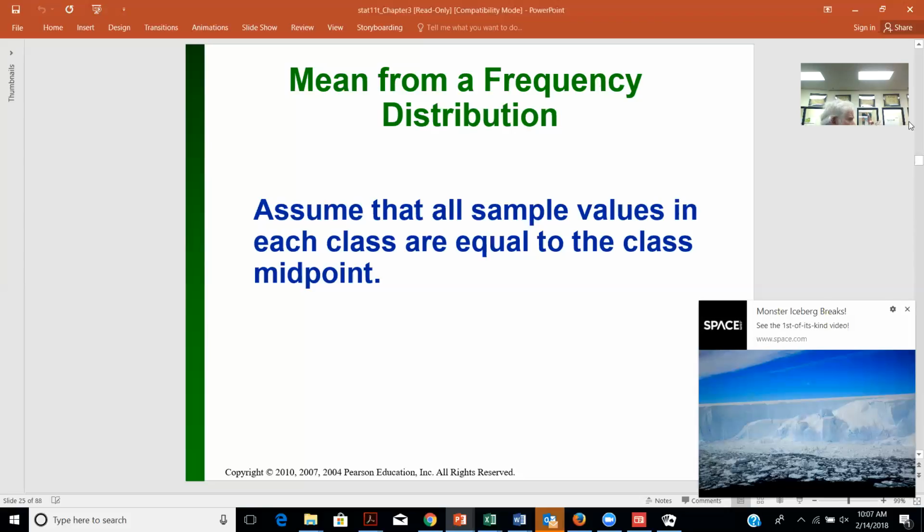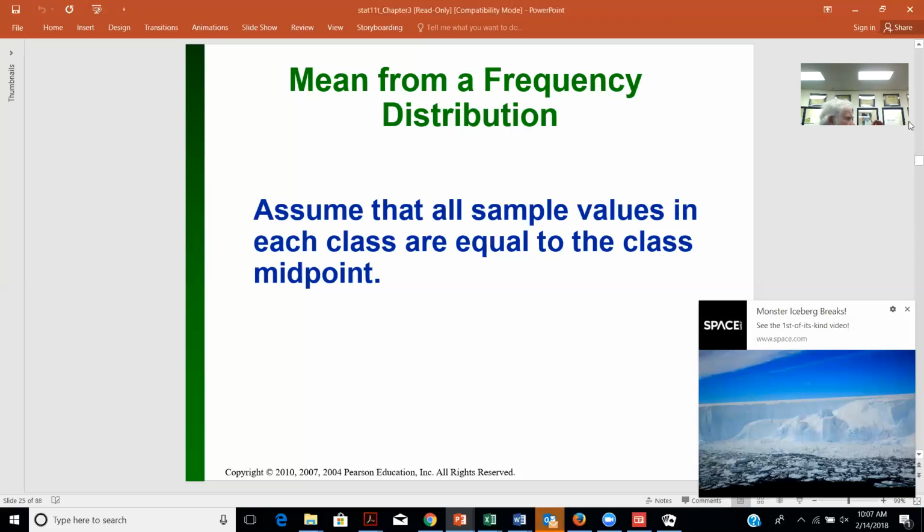Because we have two points on one side and two on the other, the middle is 3.5, and there are 2 values in that frequency. We multiply the middle of the frequency range times the number of values in there. So now we've got 3.5 times 2, so 7.